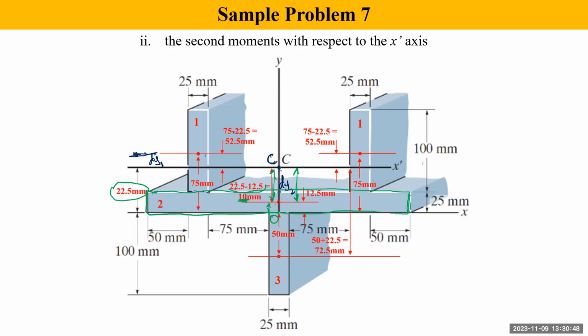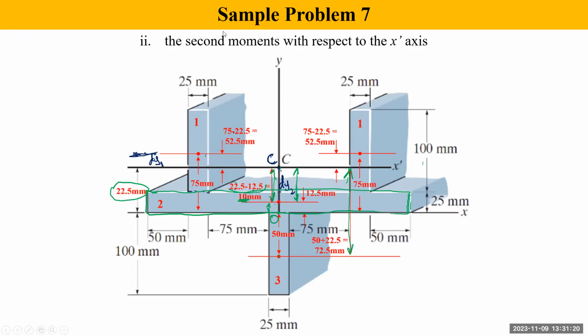But we really want to find the distance between here up to this point. So rather than subtracting, you're going to add. You add 50 to the 22.5 to get this total distance running down here. So 50 plus 22.5 gives you 72.5 millimeter. That is the distance there.